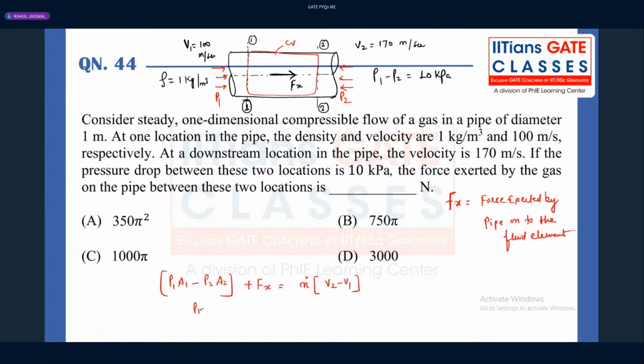So P1 minus P2 into A plus Fx must be equal to mass flow rate times V2 minus V1. What is P1 minus P2, guys? 10 kilopascal.